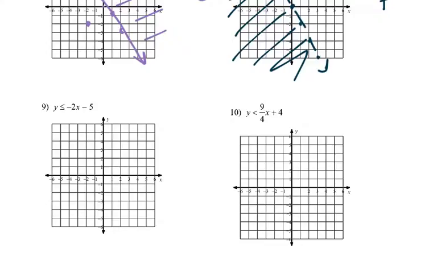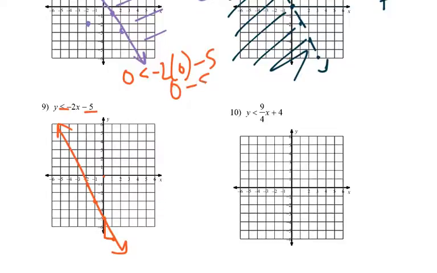Alright, number 9, y-intercept of negative 5, slope of negative 2. So I could go down 2 to the right 1, or I could go the flip side, up 2 to the left 1. There's a line underneath it, so I draw my line. Pick my test point 0, 0, 0 for y, 0 for x. We get 0 minus 5, or negative 5. Is 0 less than negative 5?